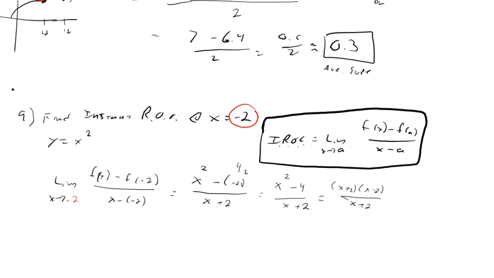And here is where we do our limit simplification, we cancel these two here, and so we want the limit as x approaches -2 of x minus 2, which is going to be -2 minus 2, which is going to be -4. And this is the slope at x equals -2. That value is the slope.